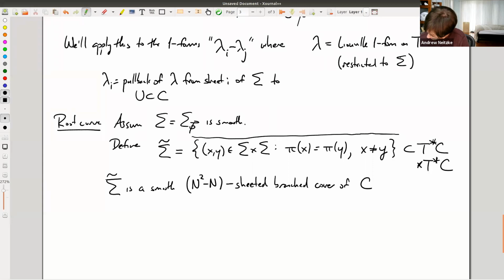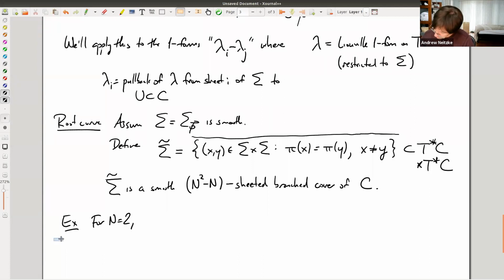Because we had an n sheeted cover, we took its fiber product with itself, so we got n squared sheets, and now we delete the diagonal. So for example, for n equals 2, this is not a big deal. In fact, for n equals 2, this is literally another language for talking about sigma.